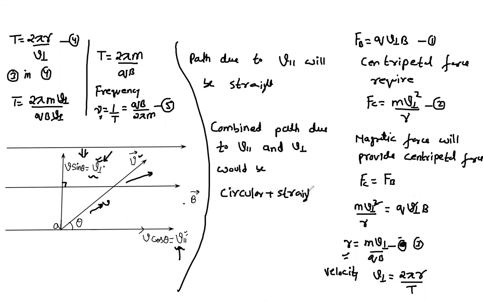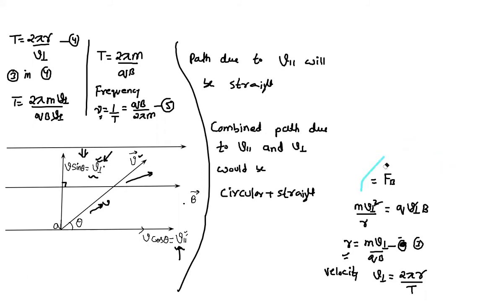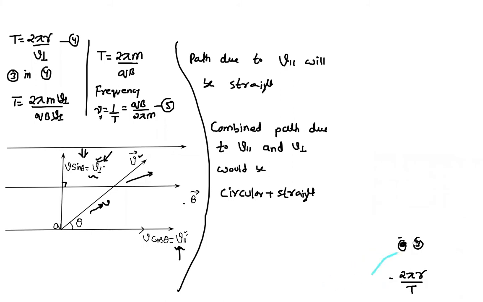Okay, can you guess the combination of straight line and circular path? If a body is moving on a circular path as well as moving forward, what would be the exact shape of the path? The combination of the circular as well as straight line path would be helical. So the combined path of the particle would be like this.